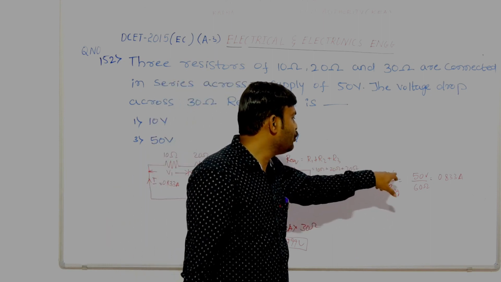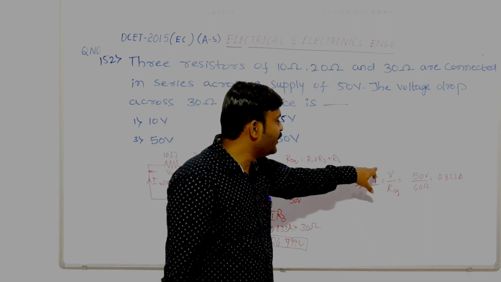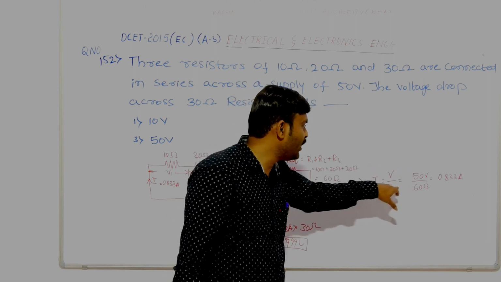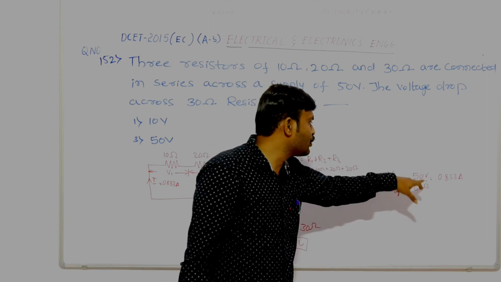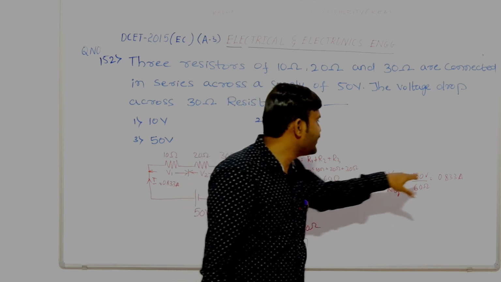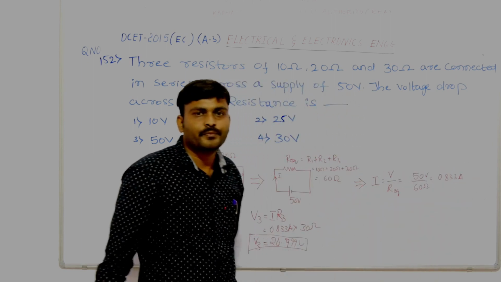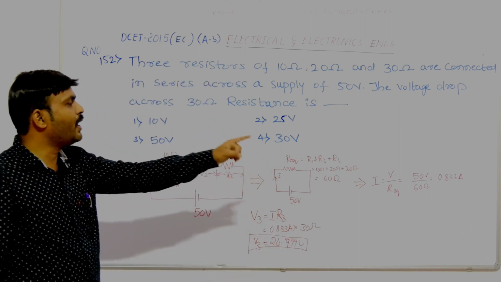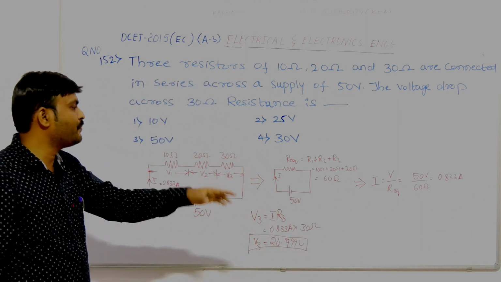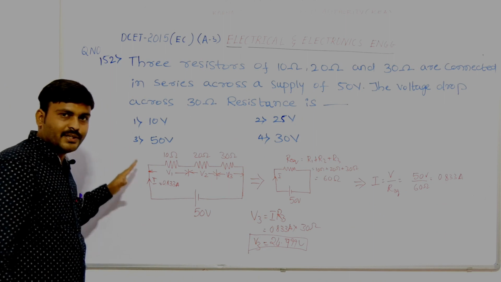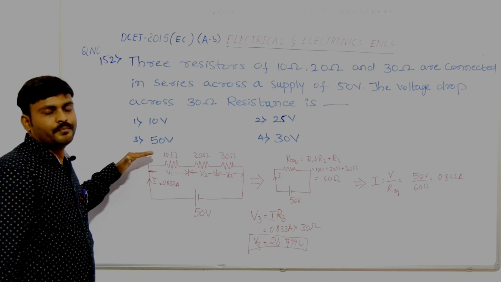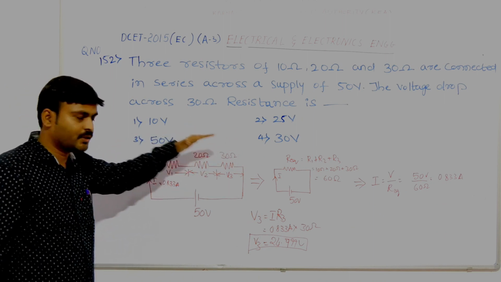So I is equal to V by R equivalent. V is 50 volts, R equivalent is 60 ohms. So what we got? I is equal to 0.833 amps. Okay. So 0.833 amps is flowing in this circuit. This current will be same in each resistor, right?